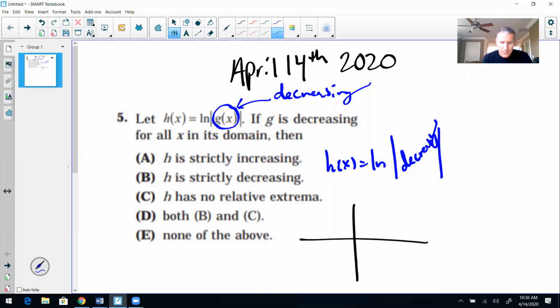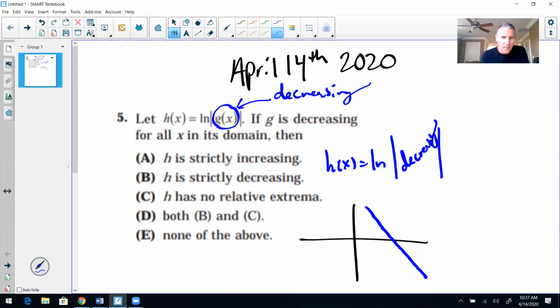So if g of x is only decreasing, it might be positive and then go to negative, right? So what would the absolute value of something that is decreasing look like? It wouldn't only be increasing, right? It would still be decreasing as long as what is decreasing is positive.